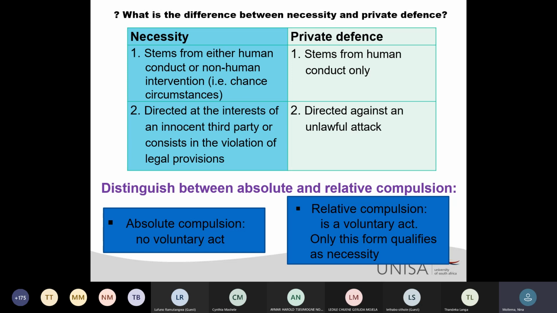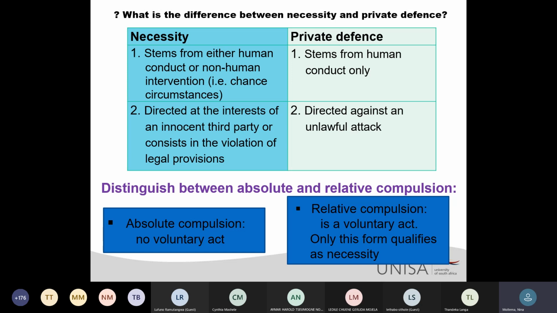We also discussed a case in that study unit. If you cannot remember, the case law was State versus Goliath. Just to quickly sum up for those who can't remember, Goliath was forced by the main perpetrator, X, to hold a third person, Y, so that X could stab him.